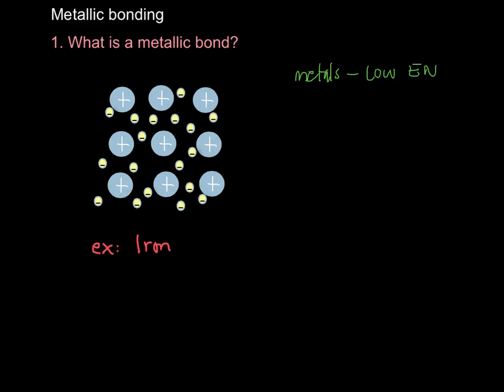Those electrons that are now in the spaces between these metal cations are free to roam.